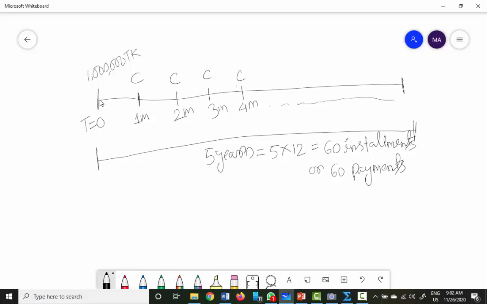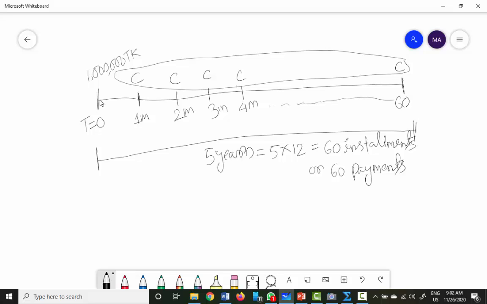Right? So 60 is the last period. That means you need to pay an equal amount of cash flow. That's why it is called equal monthly installment. So these are all the future cash flows, 60 cash flows. Right?